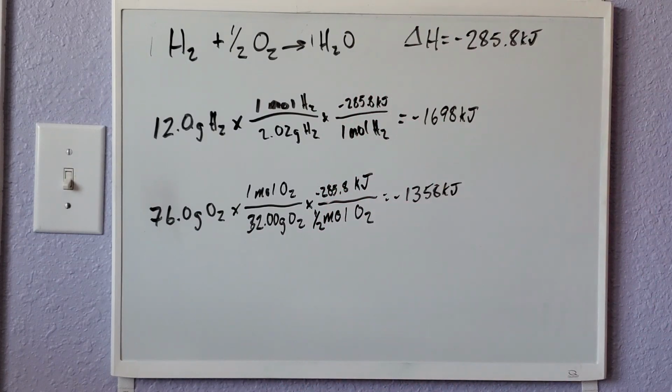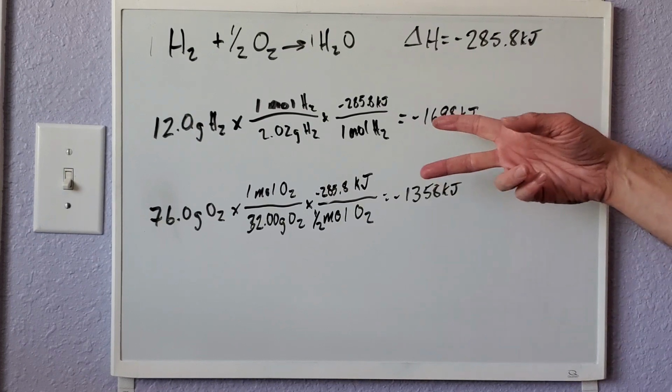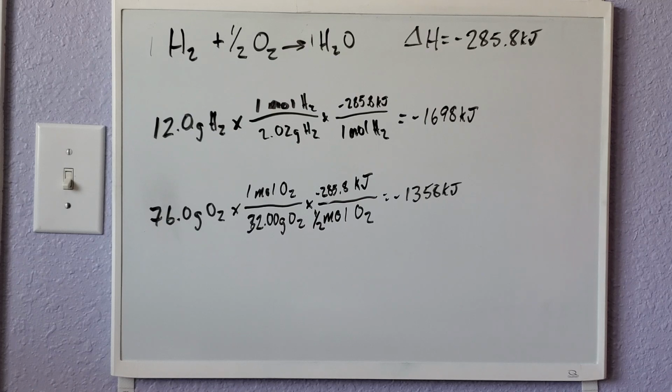One thing I do have to point out about this answer, in respect to all the other limiting reactant problems that we've done in the past, is, remember, this negative sign is just telling you if the energy is going to be released or if it's going to be absorbed. And so this negative here is just going to tell you the direction in which this energy is going.